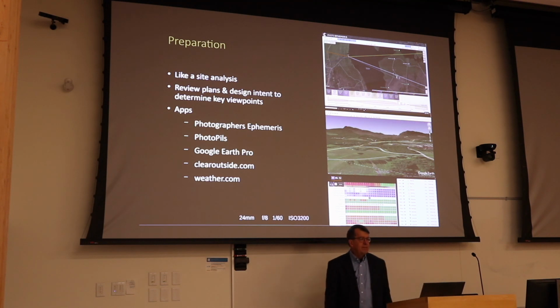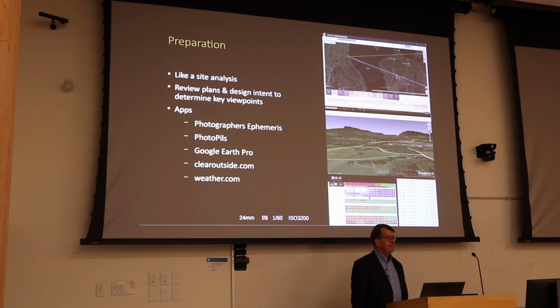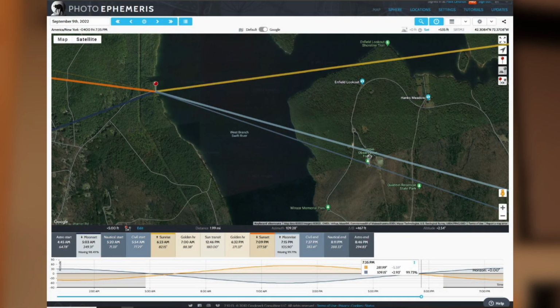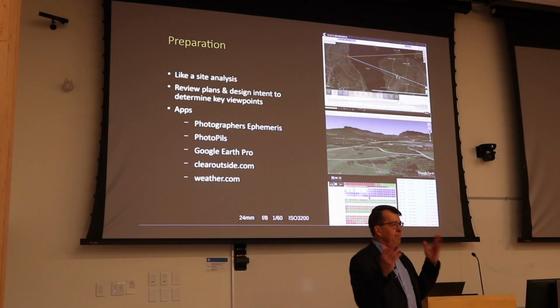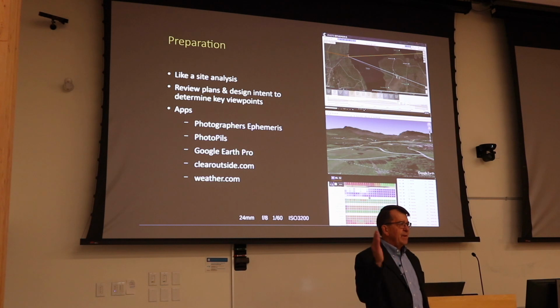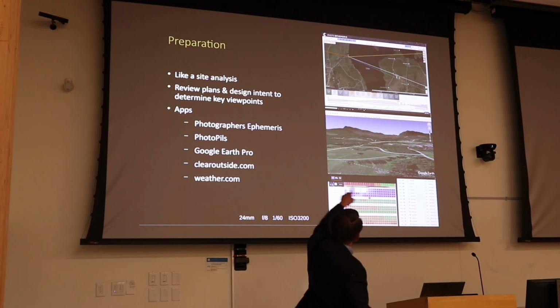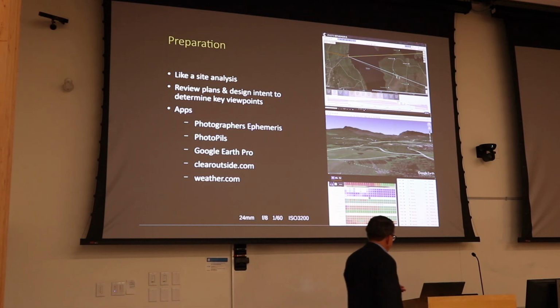So some of the apps, and you should be familiar with some of these. One is the photographer's ephemeris, which is shown up top, which is really for showing you, when does the sun rise, when does it set, when does the moon come up, and gives you specific times, angles. It's a really phenomenal program. So I'll show it on the bigger slide in just a moment.